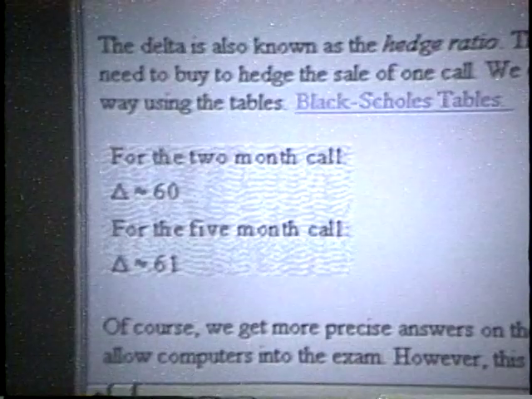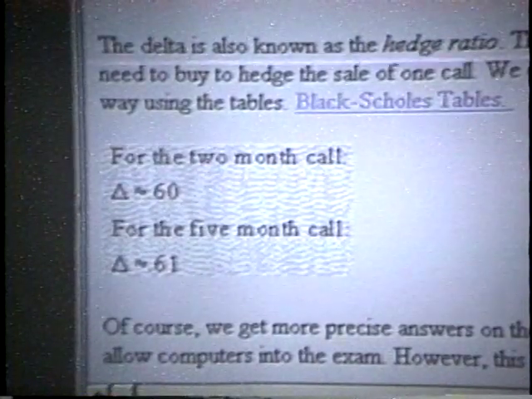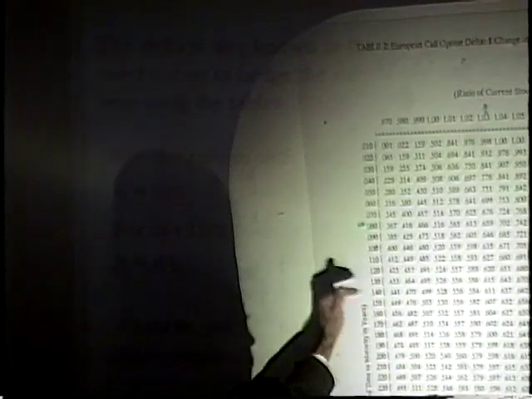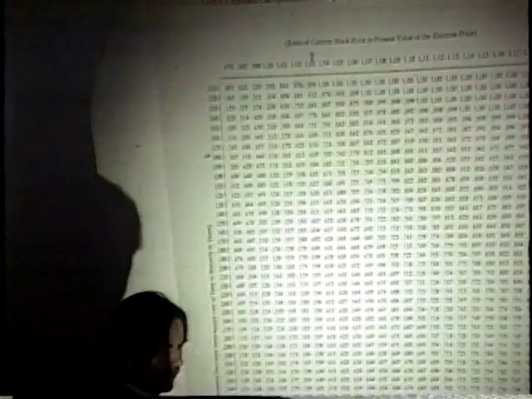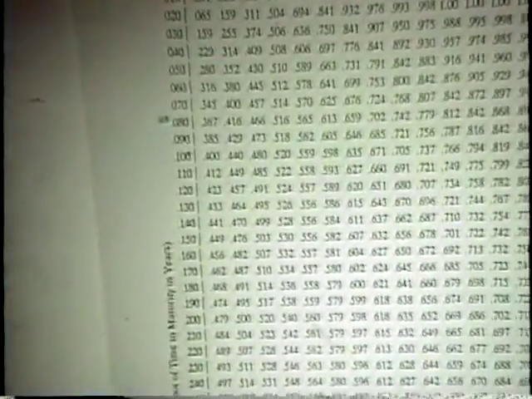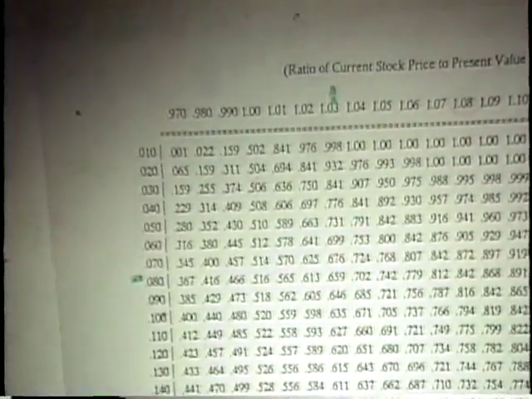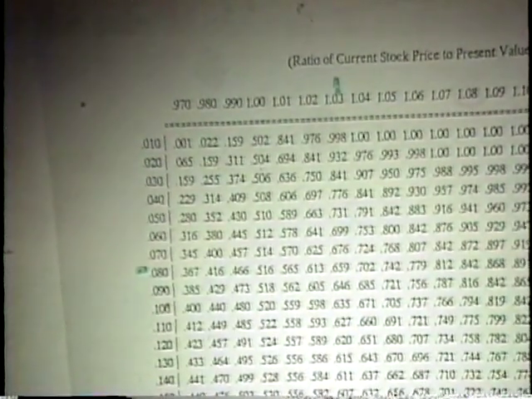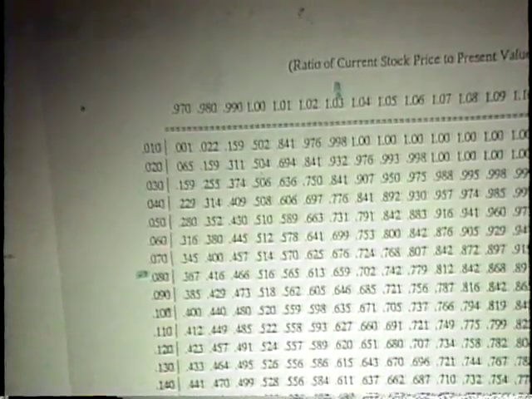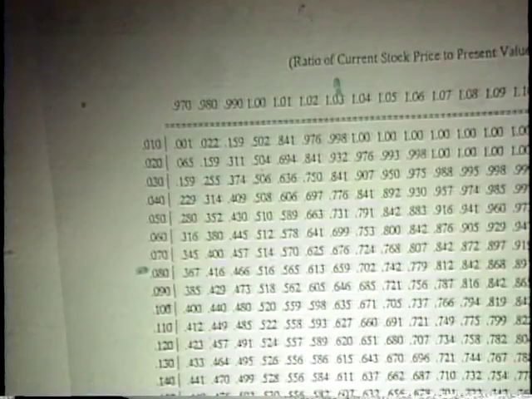Let me pull that out. Call option delta. When you do the same thing, you go down the column, across the row, and you read off the delta. So we went down the column 1.02 and across the row, I forget what the row was for the two-month option. Help me out. 0.123.